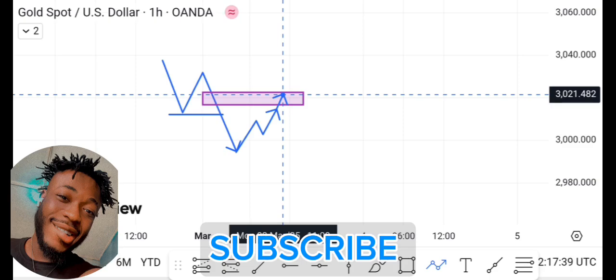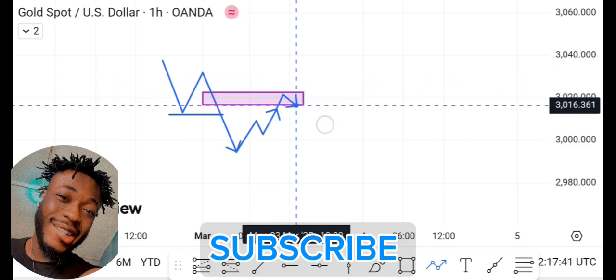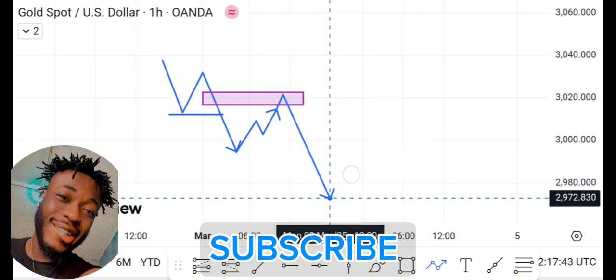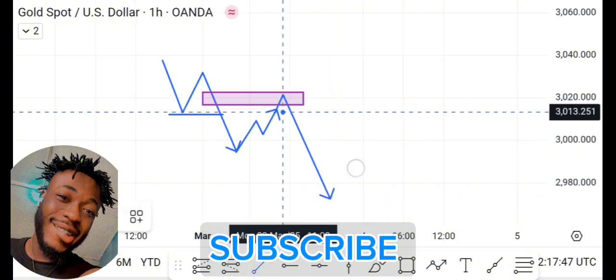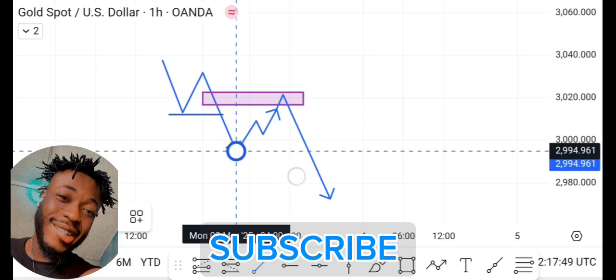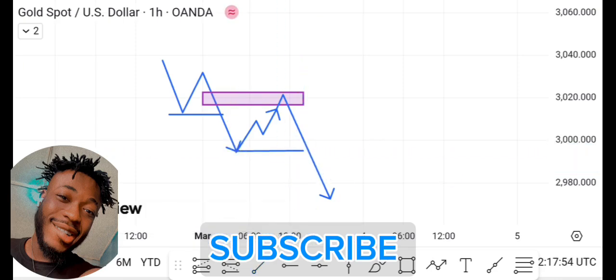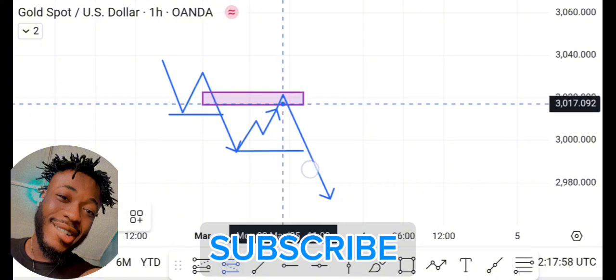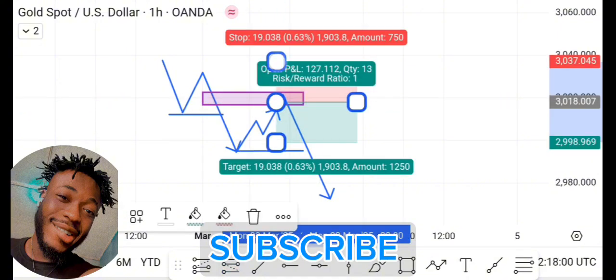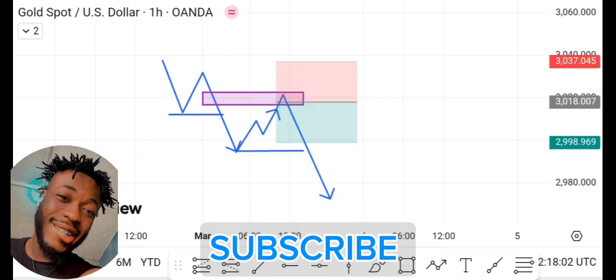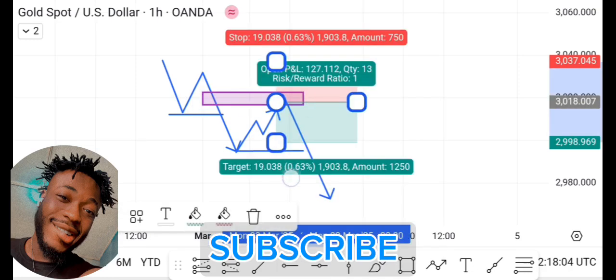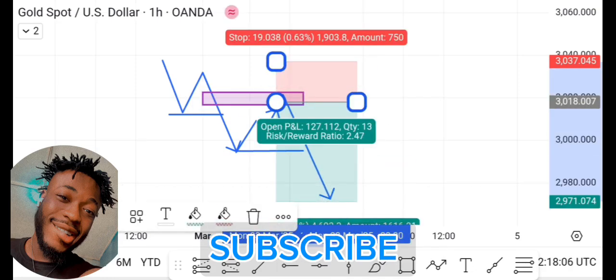So when price taps into this zone, all I need is for price to continue the down movement, breaking the next structure, just like this. So this is what the strategy is all about. You can go ahead and set your limit order right here. Your stop loss will be above the last high, and you can target 1 to 3, 1 to 2, depending on your choice.